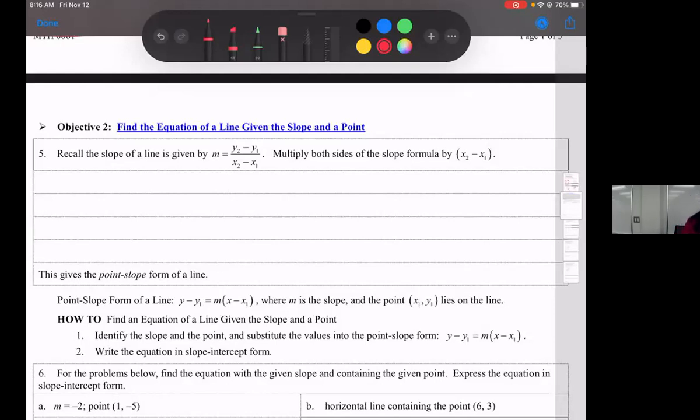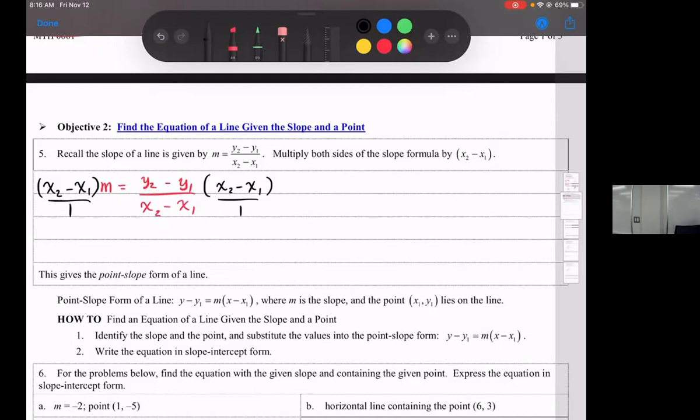Let me rewrite things down here. M equal y2 minus y1 over x2 minus x1. What I'm going to do is derive a different formula, and this is called the point slope formula. I'm going to multiply both sides by x2 minus x1 over 1.